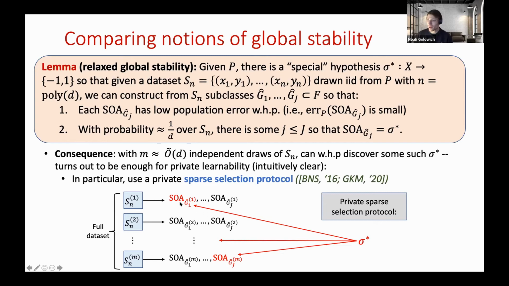In particular, what they show is that, assuming such a sigma star appears multiple times, which it does, there's a way to choose such a sigma star which is epsilon-delta differentially private, and by the lemma of relaxed global stability, that sigma star will have low population error. Okay, so that's the overview of how this lemma implies our main theorem. I'll next discuss a little more the proof of this lemma.